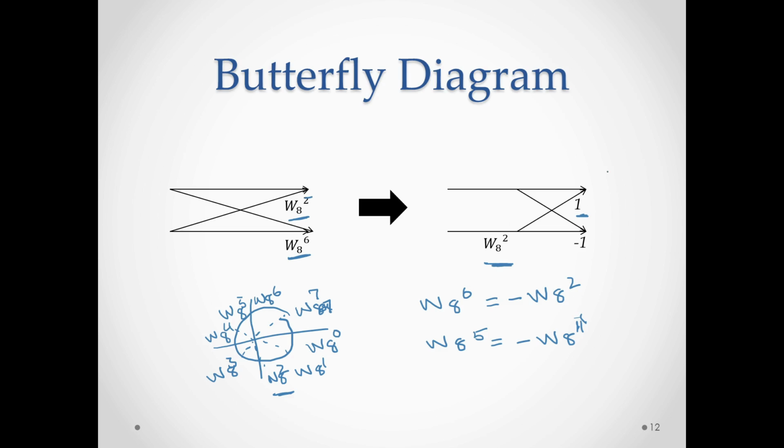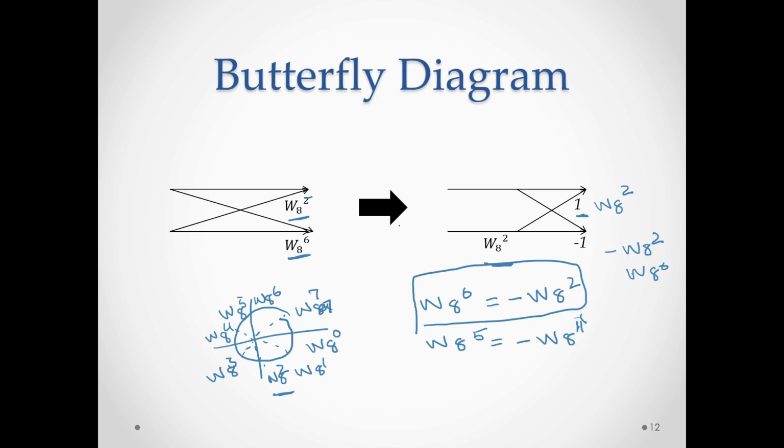So instead of 1, we will get the W82 term over here, whereas in the bottom term, we would get minus W82 term. And as we can see, minus W82 is equal to W86. We can change it to W86. Hence, both of these diagrams are same.